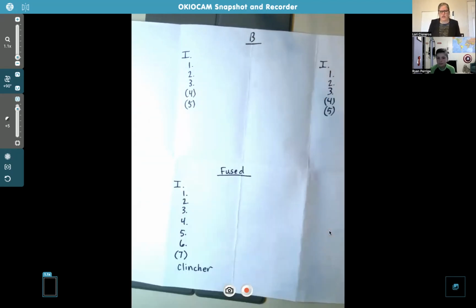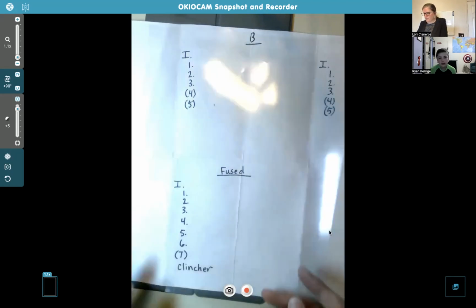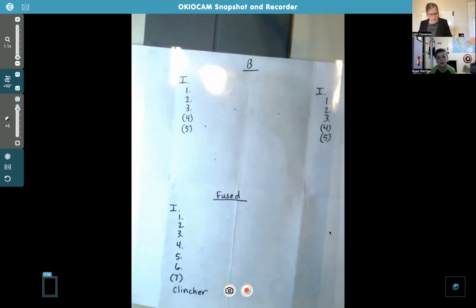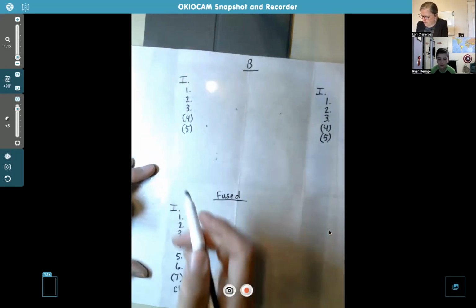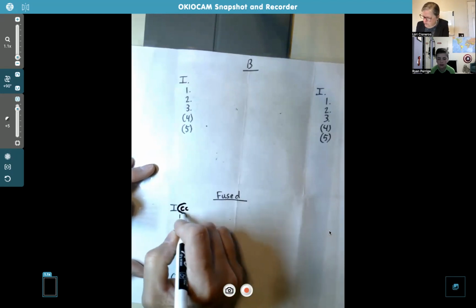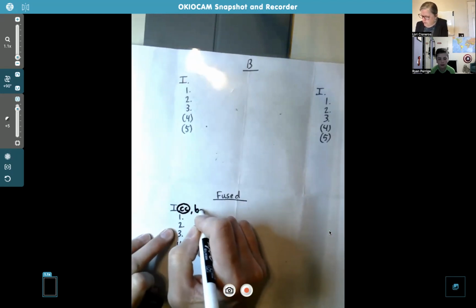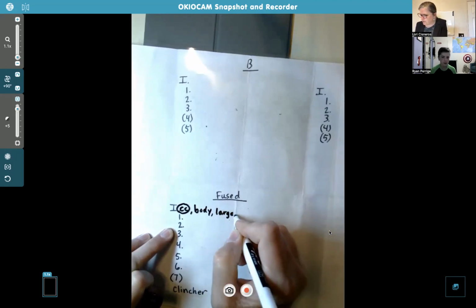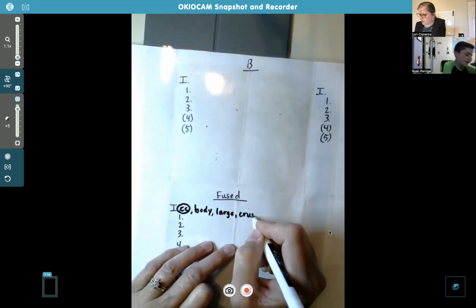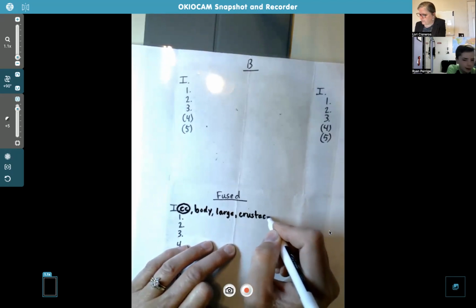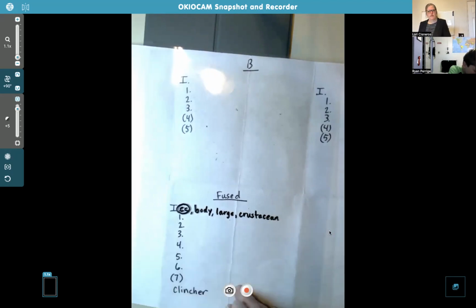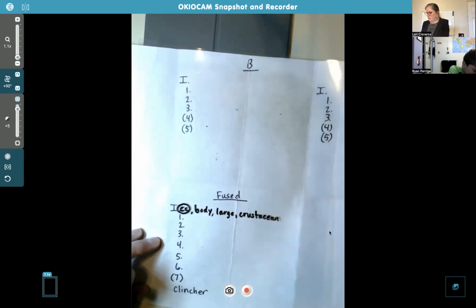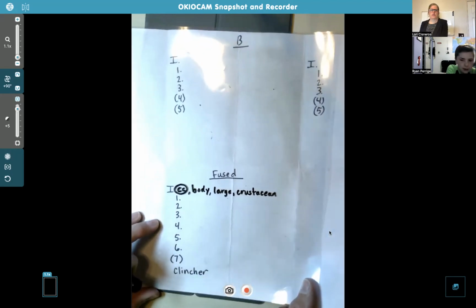Roman numeral 1 right here is pretty much already done for you because you have those words at the top. So for the fused outline down here, you can start by putting your CC, and I think you said body, large, and then crustacean. Was that what you had? Yeah. Okay. That stays the same, which is kind of nice.